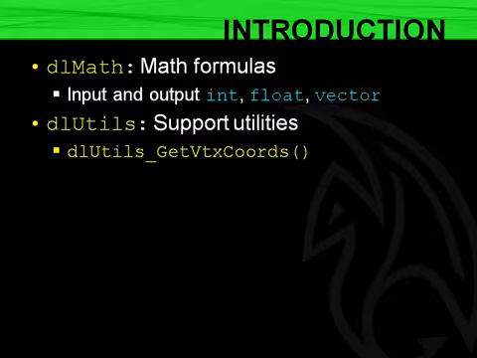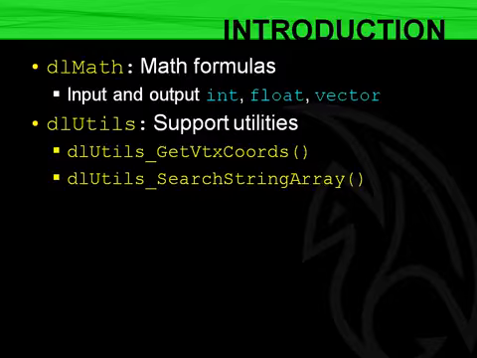That's a string. Unlike dlmath, support utilities allow us to use strings. This will give us the vertex coordinates of that vertex. Another example here, dlutils search string array. We go through a string array, look for a certain word, and if it is in there, it gives us either a true or false result.